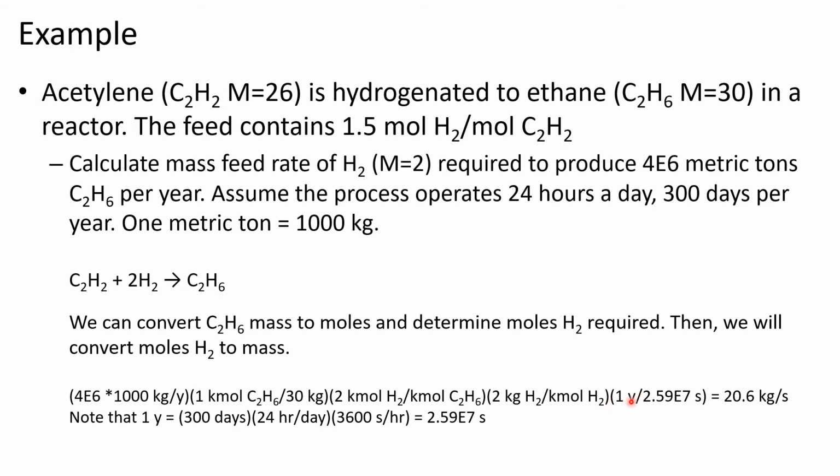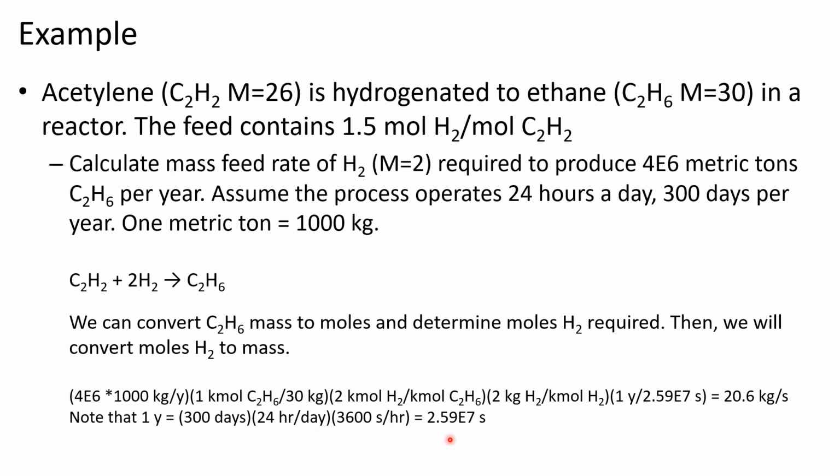Finally, we're going to convert years to seconds in order to get a value in kilograms per second. In this case, 1 year is equivalent to 2.59 times 10 to the 7th seconds. That's because we're told that this 1 year consists of 300 days, not 365 days. And for each of those 300 days, we're going to run the process for 24 hours per day, which is 300, then there's 3,600 seconds per hour.